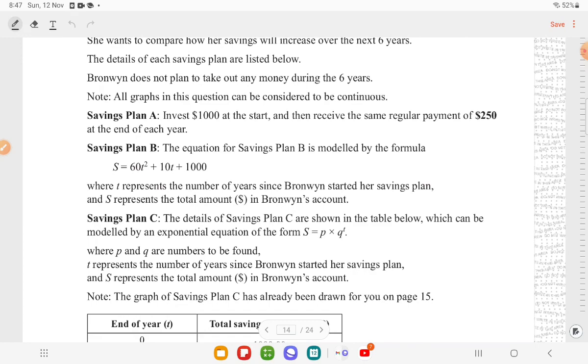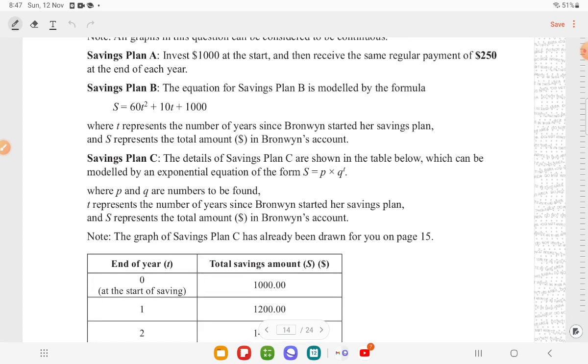Savings plan A: invest $1,000 at the start and then receive the same regular payment of $250 at the end of each year. The equation for savings plan B is modeled by the formula 60t squared plus 10t plus 1,000, where t represents the number of years since Bronwyn started her savings plan and s represents the total amount of dollars in Bronwyn's account.